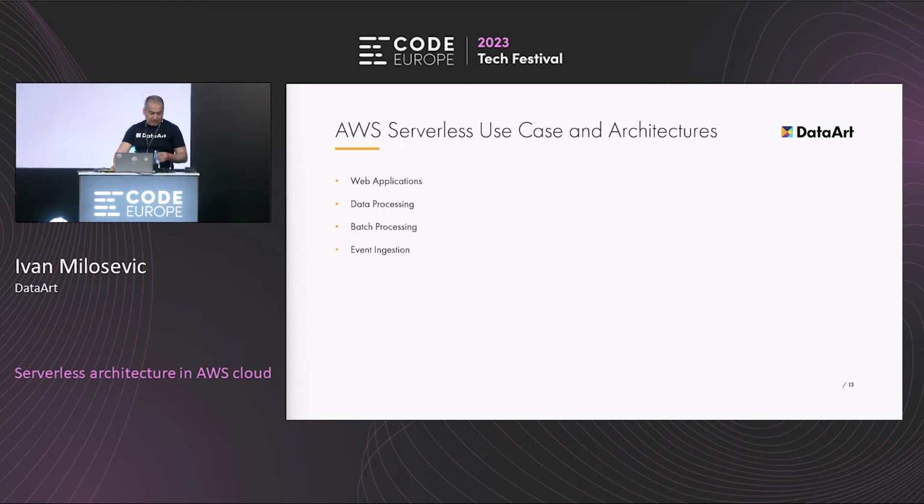Event ingestions. As I said previously with data processing, similar scenarios over here, but a bit different set of the AWS serverless infrastructure can be used to deal with this kind of challenge.